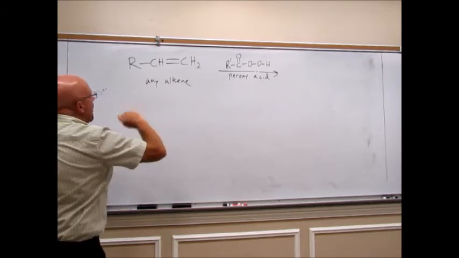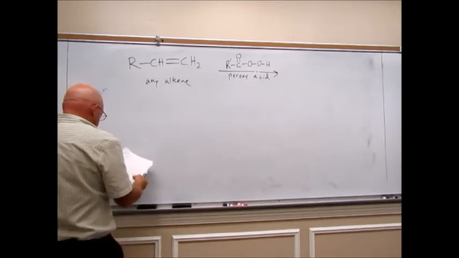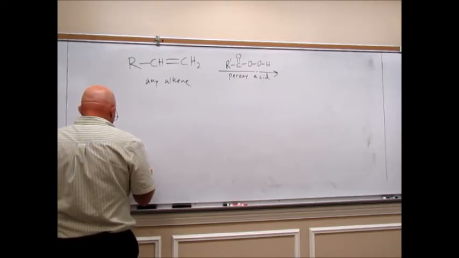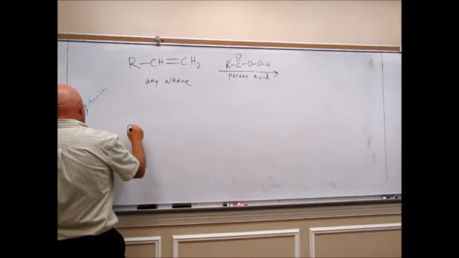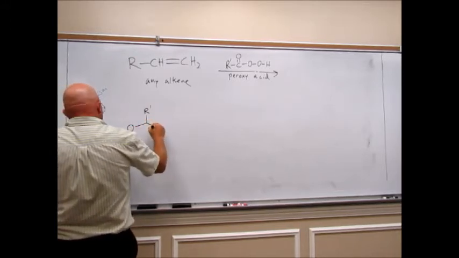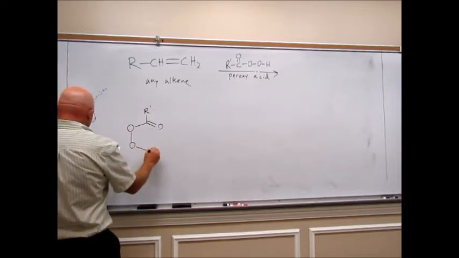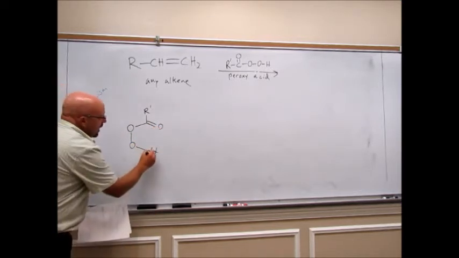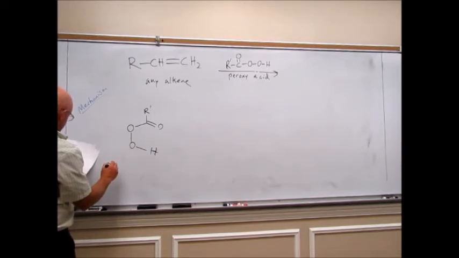Let me redraw my peroxy acid over here, and I'm going to kind of curl it up a little bit. That's my peroxy acid. Same thing, just curled up. And I'm going to put the alkene down here.